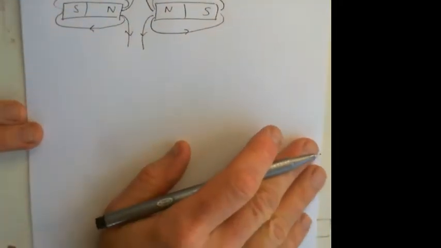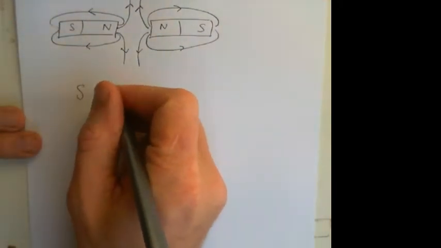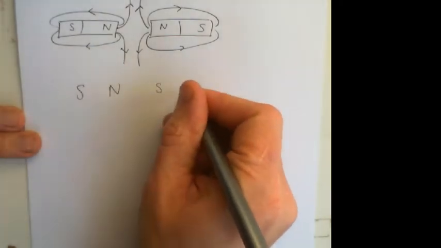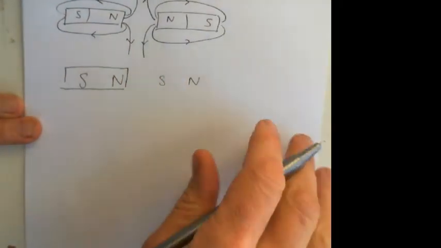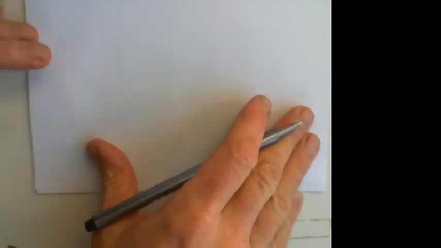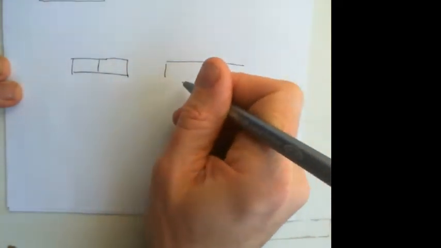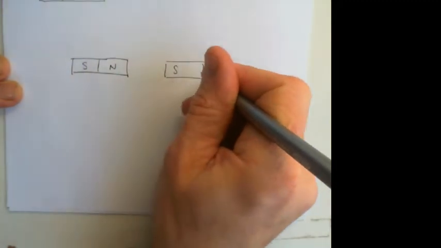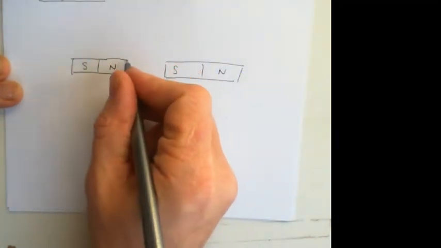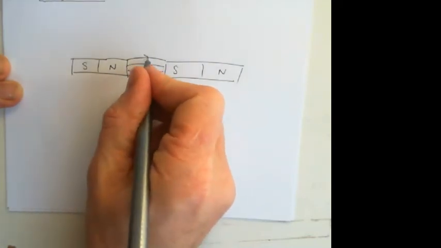Okay, so the next one. Let's look at the converse of that. If we were to turn one of my magnets around here. Sorry, I've drawn it too close to the other one. I'm going to move this a little bit further, just so it's not confusing. So if I go south, north, this time it starts at the north and it'll go to a south. The arrows will go like this, you see.